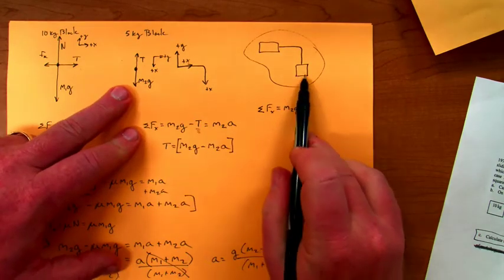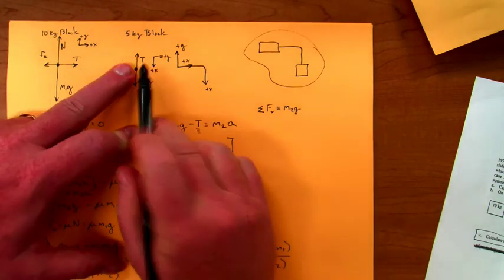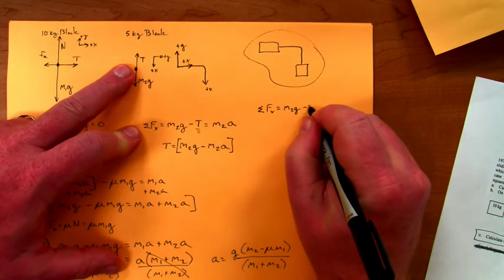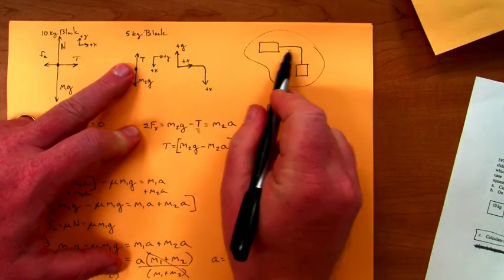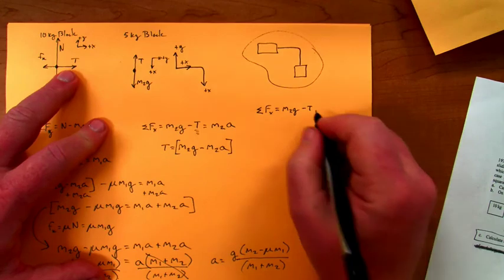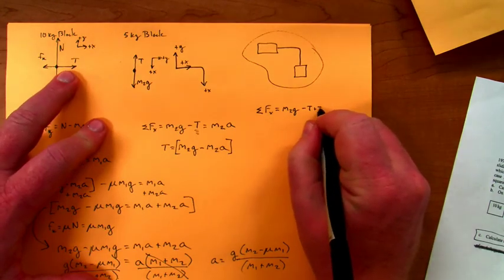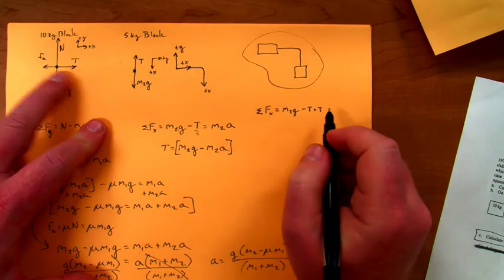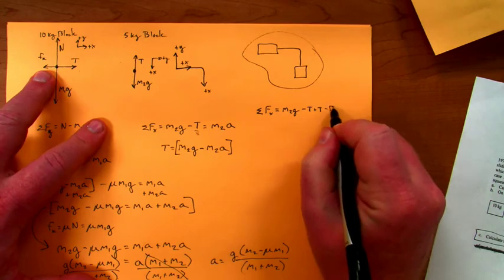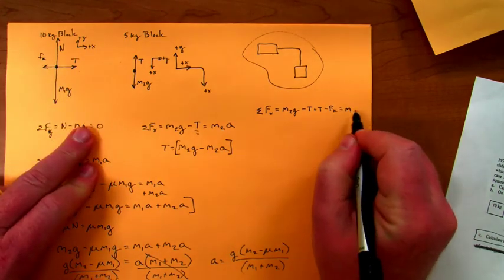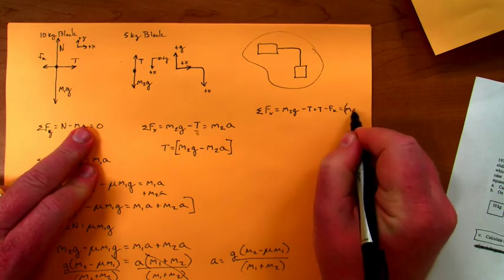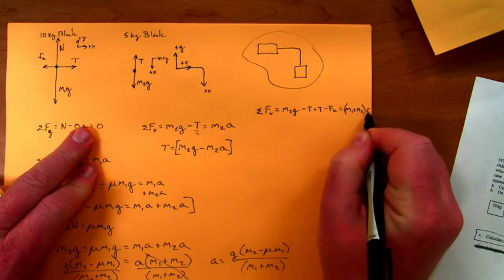So if I follow along, the next one I'm going to get to is T, and that's in the negative x dimension. And then keep following it. The next force I get to as the pulley bends me around is another T, but now this is in the positive x dimension. And then I get friction. And that is going to be equal to the mass of both of them, so M1 plus M2 times the acceleration.